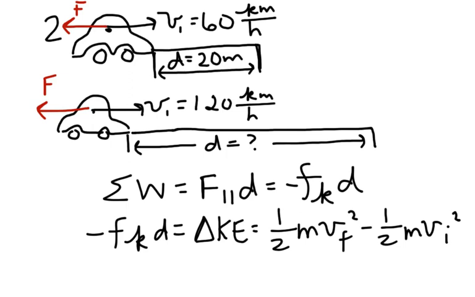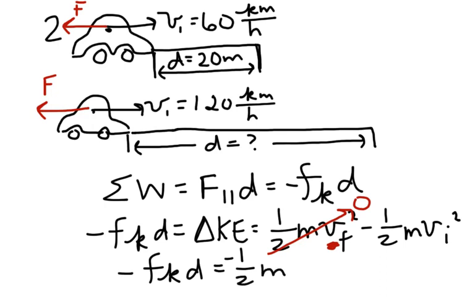So what will be the final velocity? The final velocity value here will be 0. So this whole term goes away because it becomes 0. And so when we look at this equation, I have a negative kinetic frictional force times the displacement is equal to a negative 1/2 mv initial squared.